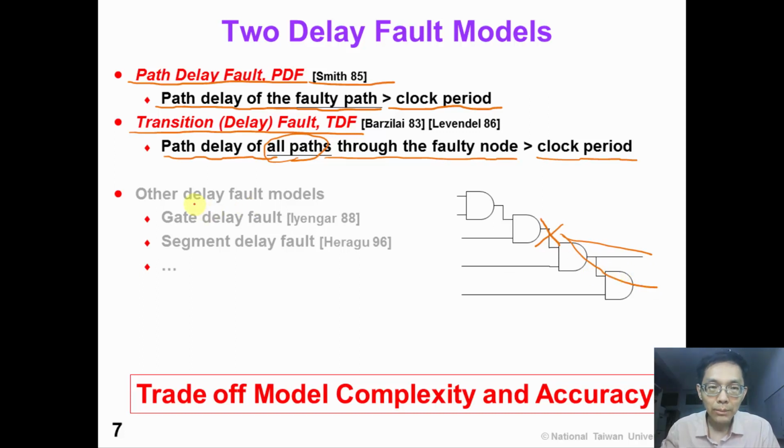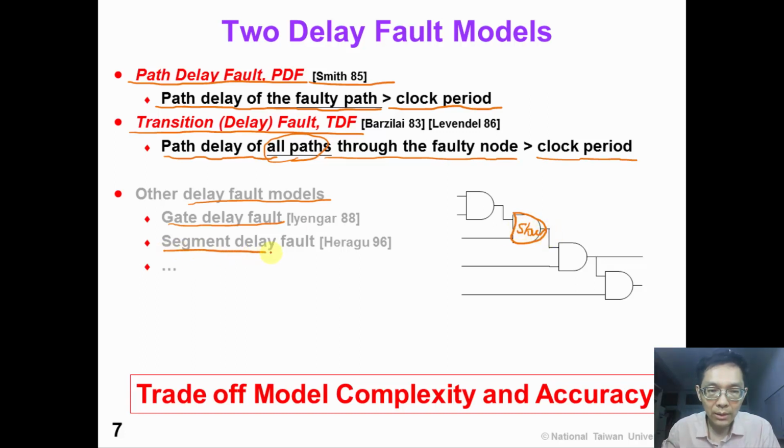There are actually many different delay fault models, such as the gate delay fault model, which assumes that one single gate is slower than expected. For example, this one gate is particularly slower.